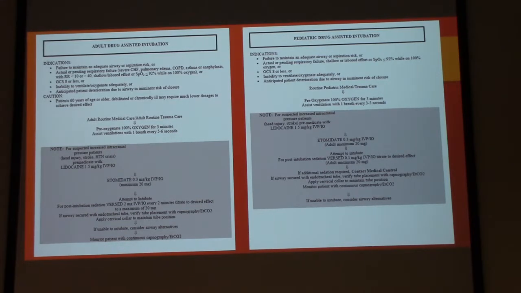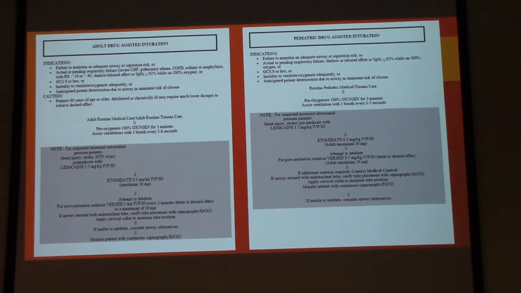So those are definitely some of the times we would want to go ahead and get a little aggressive and get that airway secured. The other part of this protocol is that we have to take into consideration, I can't remember how old they said the patient was, but in our older patients, we have to be very cautious on the medications that we're actually going to give them.